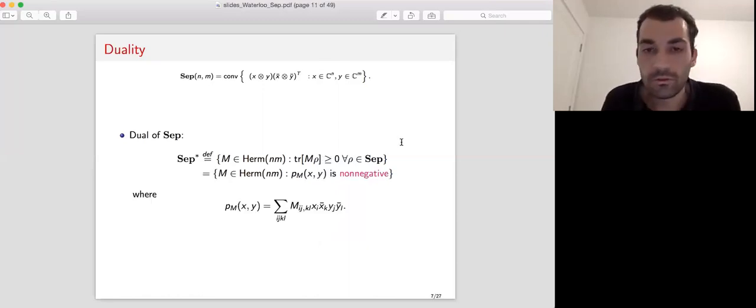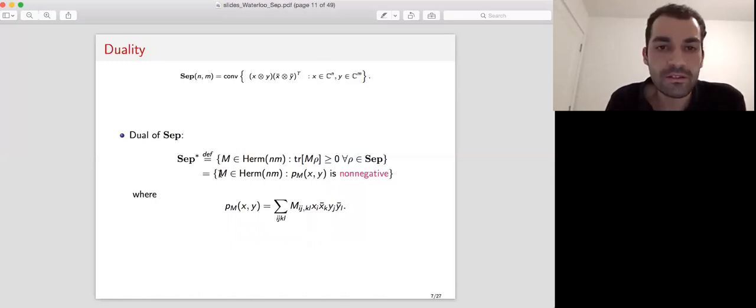I can equivalently rewrite this condition: this is exactly the set of m's such that Pm of xy is globally non-negative, meaning it is non-negative for all x and y in C^n times C^m, where Pm is the polynomial I introduced before.